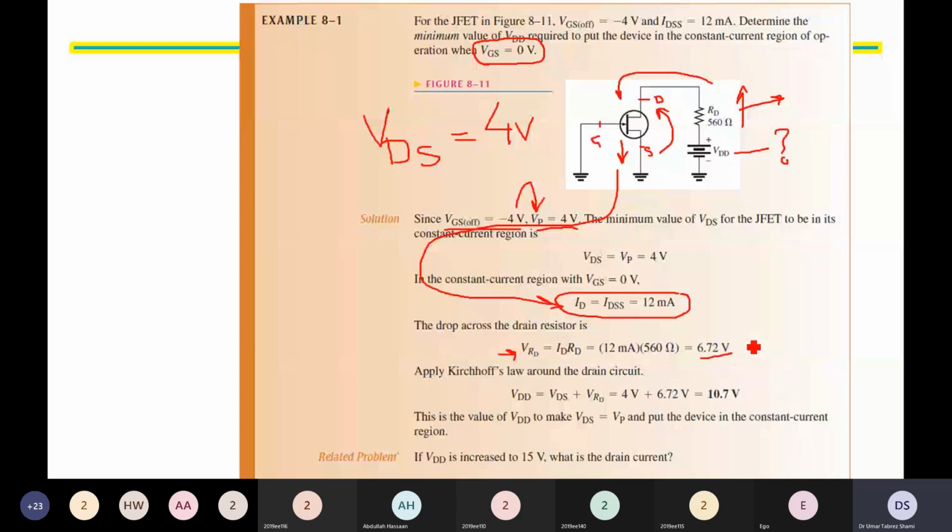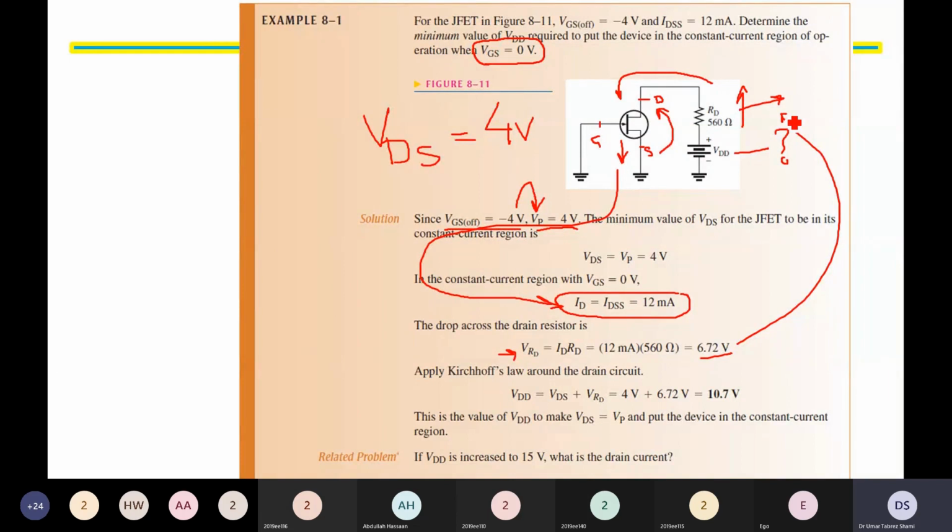We got this by identifying that RD is in series with drain and source. Whatever is the drain source current, the same current will flow through RD. Thus, the voltage across RD is 6.72 volt.